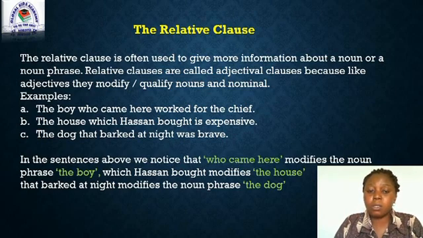But what dog? The one that barked at night. In the sentences above, we notice that who came here, which Hassan bought, and that barked at night are all relative clauses modifying or describing particular nouns that appear before them. So these are relative clauses.